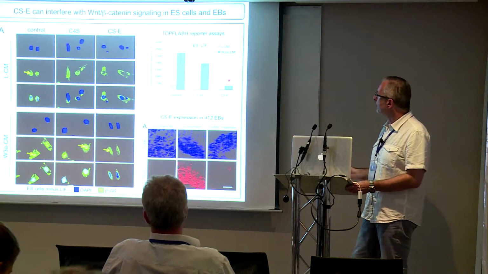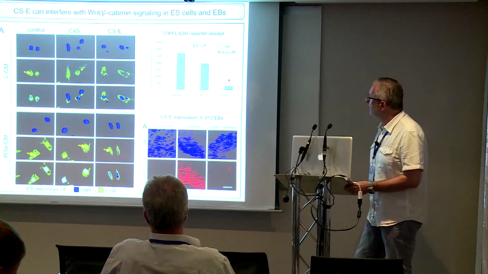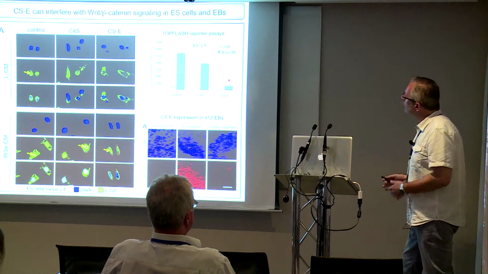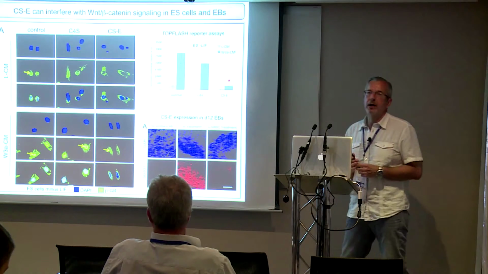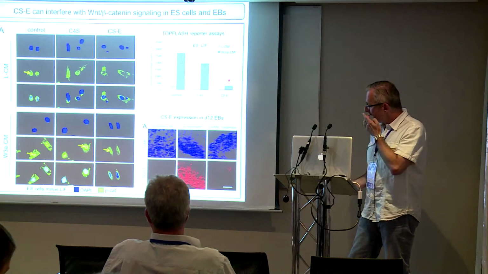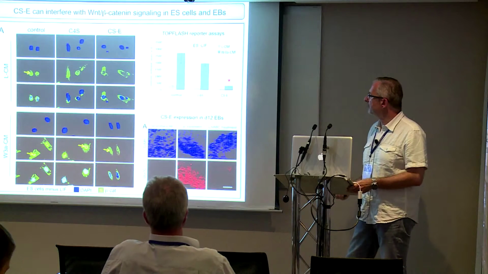Again, the top flash reporter assay shows the same thing. In control, you have good signaling. With CSE, the Wnt response is drastically downregulated. Now, all of this would not make sense if CSE would not be expressed in our embryonic bodies, but it is. So we used an antibody here recognizing specifically CSE at day 12 of differentiation.